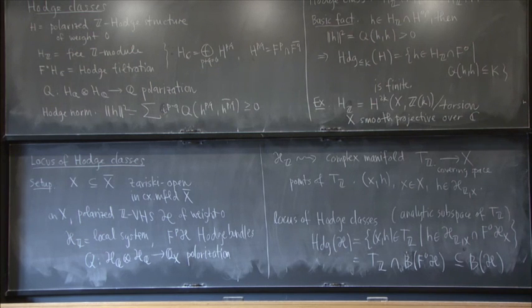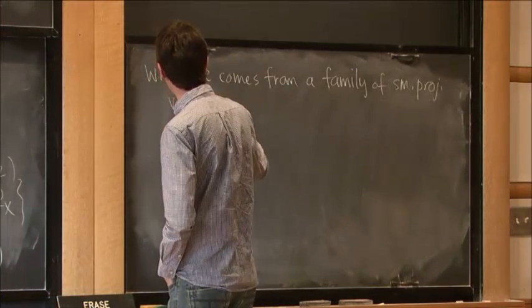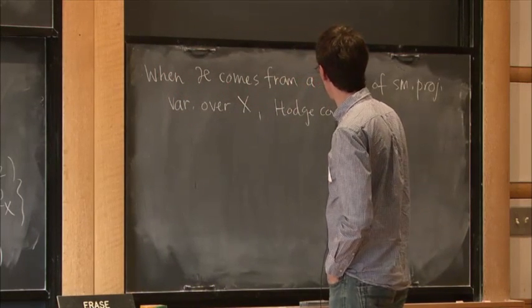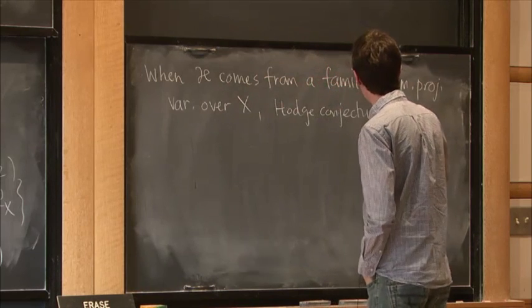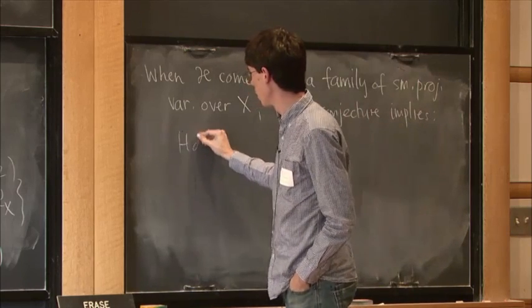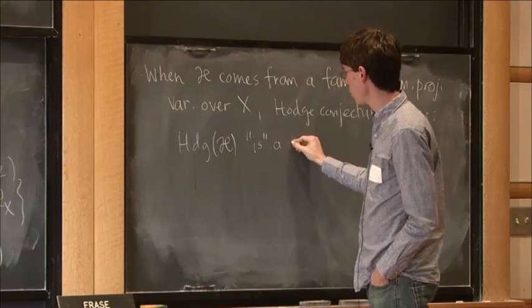So in fact, in the case when H comes from a family of smooth projective varieties over X, the Hodge conjecture implies that this locus of Hodge classes actually is, in quotes, a countable union of algebraic varieties.